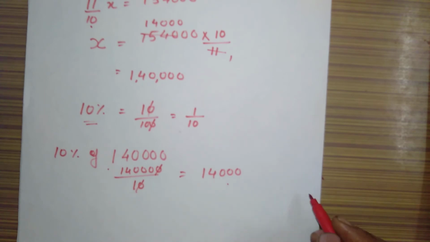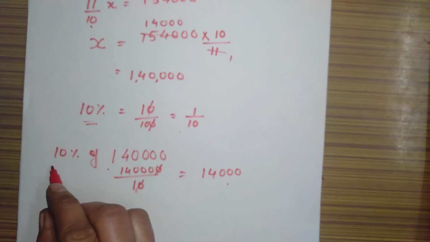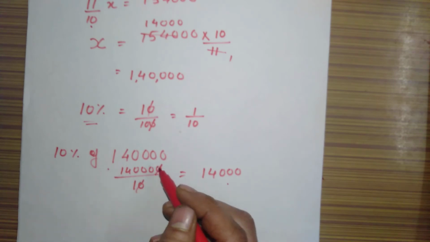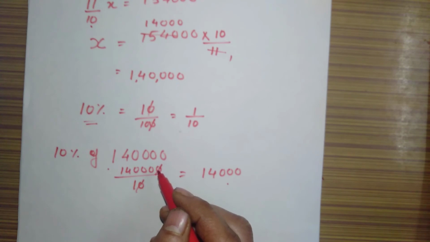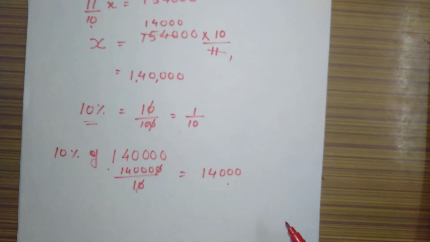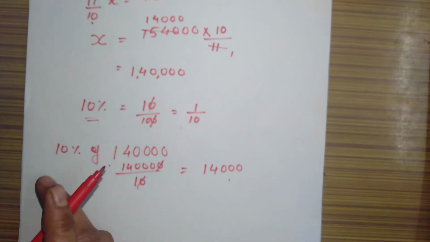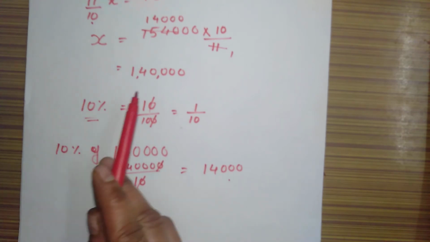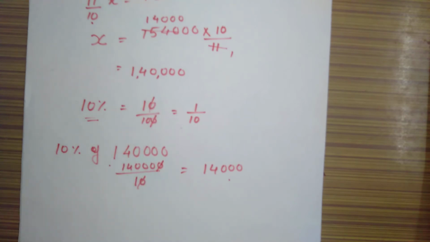Just remove the last digit if it is 0, or when you have to calculate 10%, just put the decimal point. अगर नंबर है तो आपको उसको लास्ट डिजिट के ठीक पहले डेसिमल पॉइंट लगाना होगा. So you can just calculate the 10%. So this is how we are calculating the 10% and the original salary. Original salary is 1,40,000 rupees.